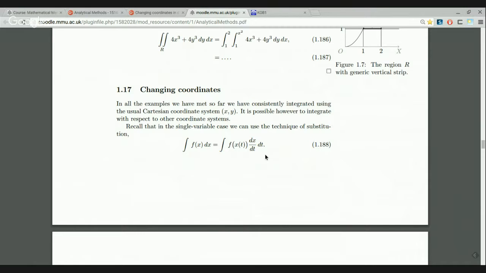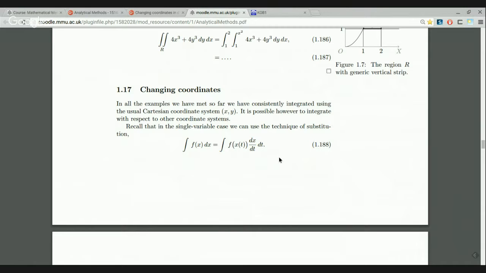So the integrand would now be a function of t. And you don't just change the x to t, you also have this bit which multiplies the new differential dt, which is the derivative dx/dt of the transformation.